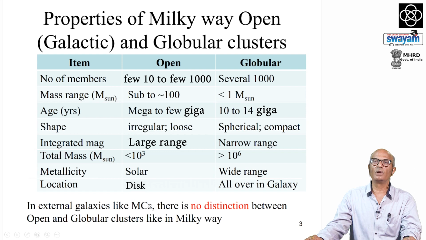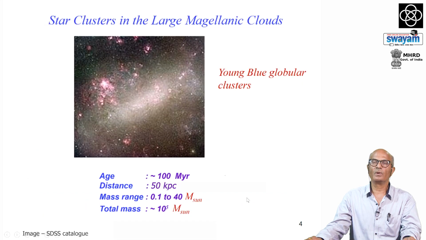For example, in the Magellanic Cloud, there is no distinction between open and globular clusters like in the Milky Way, and this can be understood from this slide, which shows the location of star clusters in the Large Magellanic Cloud. This is also a picture from the SDSS Sky Survey. You can see there are fuzzy objects, and all these things are in fact star clusters.